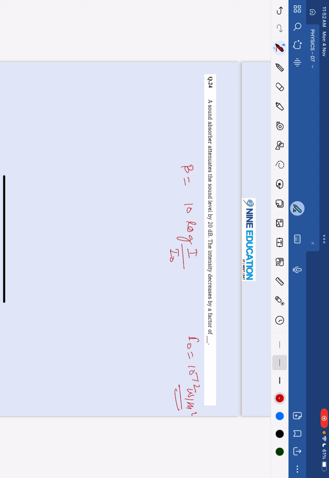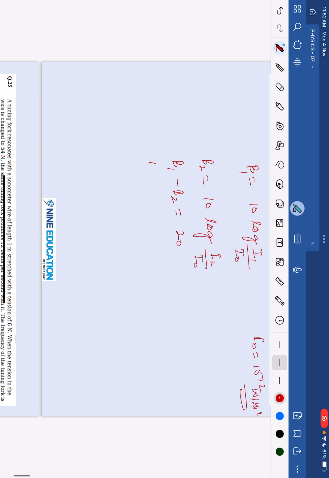So they are saying the sound absorber attenuates the sound level by 20 decibel. So beta 1 is given, beta 2 is also given. This is log I1 by I naught, this is log I2 by I naught, and they are saying beta 1 minus beta 2 is how much? 20.